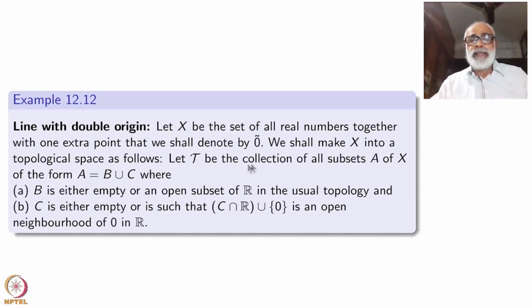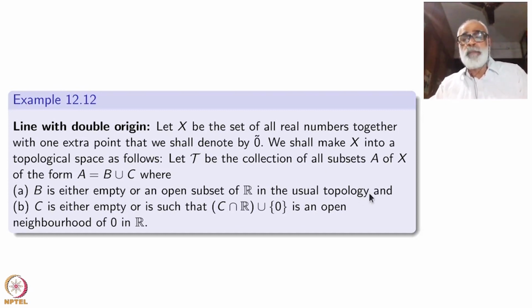The tau is a collection of all subsets A of X of the form A is B union C, where B is allowed to be empty or an open subset of R in the usual topology. So, the empty set is also an open subset of R in the usual topology, but I want to emphasize that it could be just empty. Why write B union C? Okay, that is the first part.